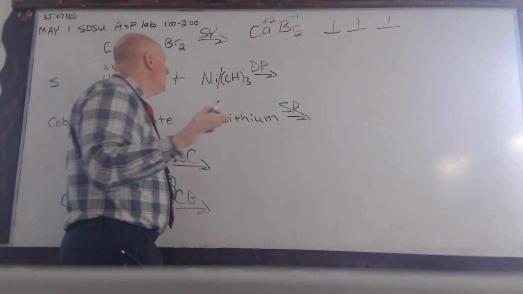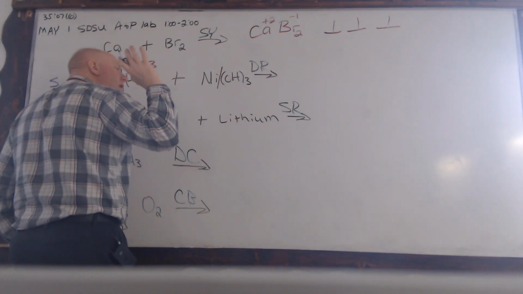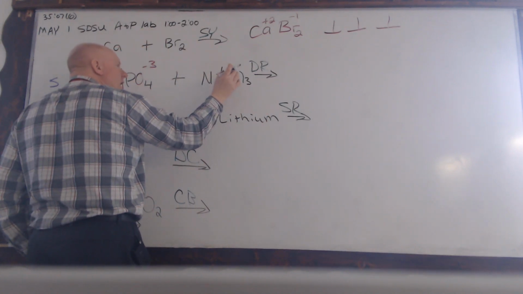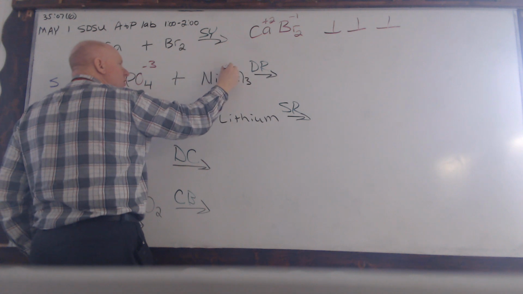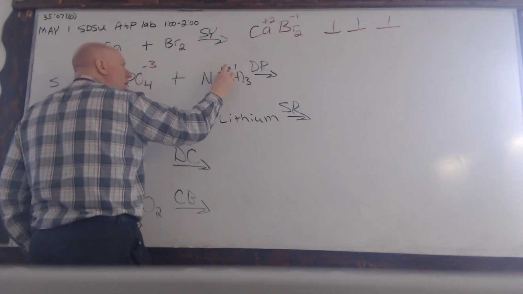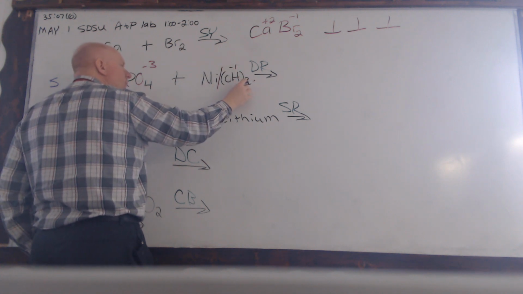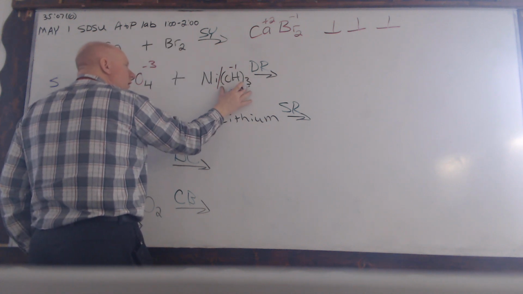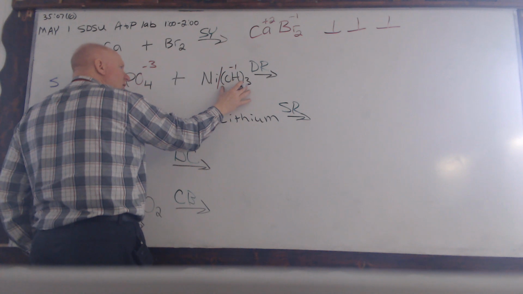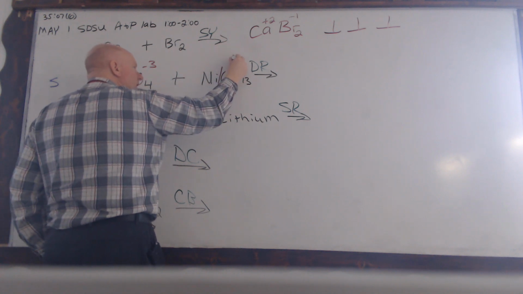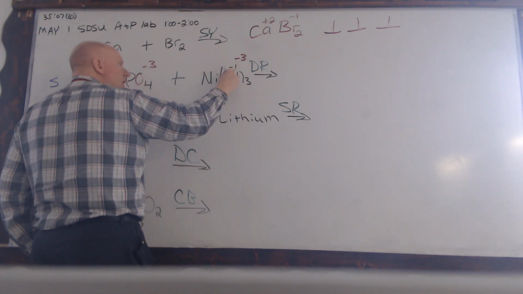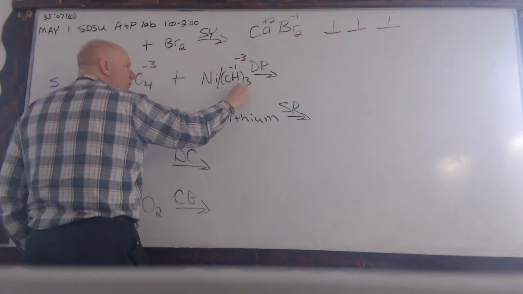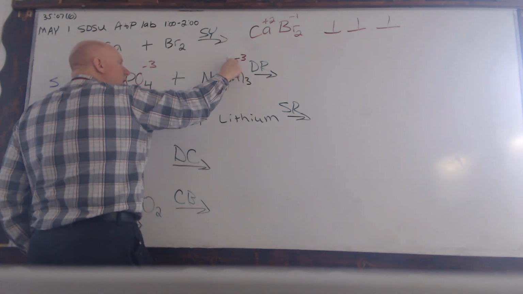Here, 1 hydroxide ion has a charge of -1, and we've got 3 of them. So on the negative side, we've got 3 hydroxides, which means this whole thing has a -3 charge, by taking -1 times 3.